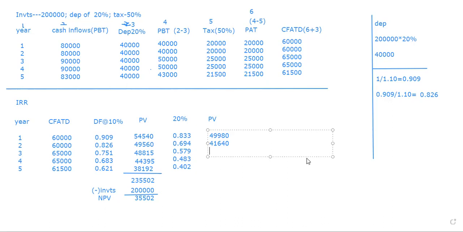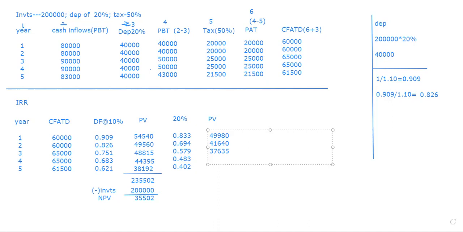Now I'll multiply with my third figure, which is 65,000 into 0.579, which I got as 37,635. This is the value I got. Now I'll multiply with my fourth figure, again 65,000 into 0.483.